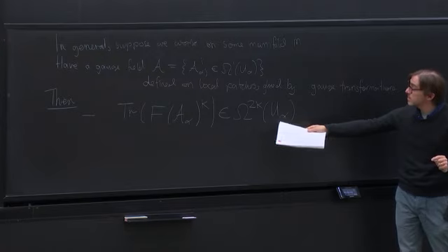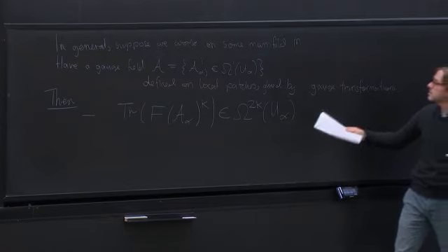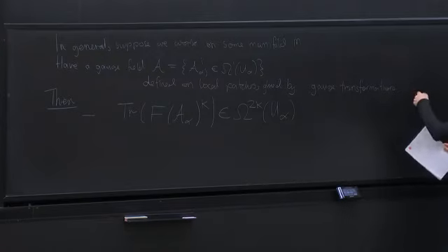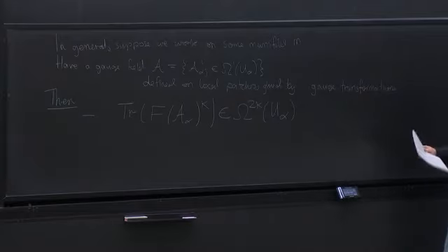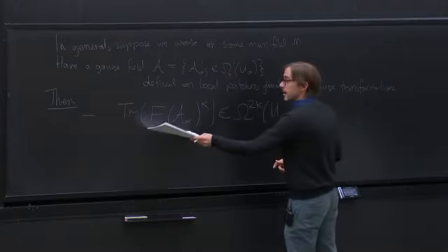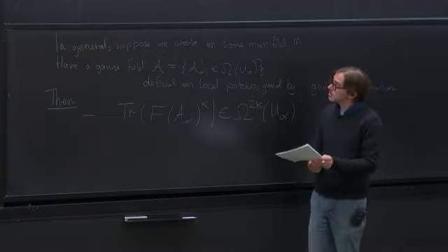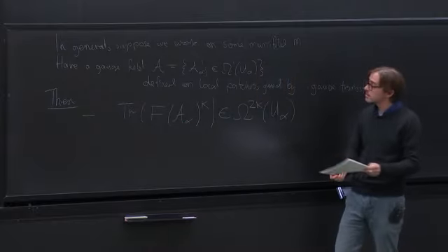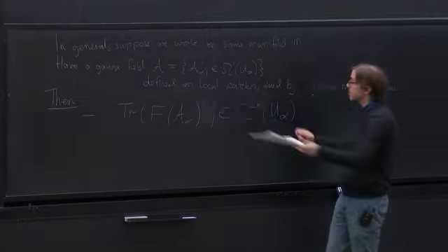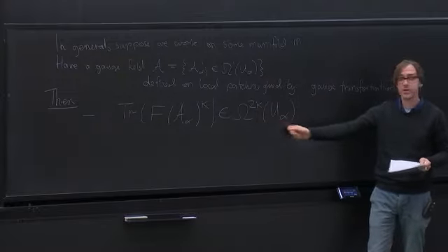Now, it turns out, because the A^alpha and A^beta on different patches are related by gauge transformations, and because curvature is a gauge covariant quantity, and I'm taking the trace, which will eliminate the dependence on the gauge, this 2k form agrees on the overlaps.